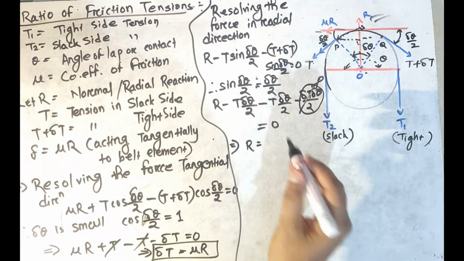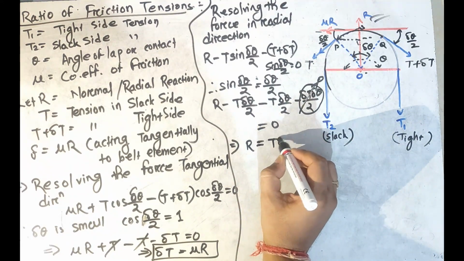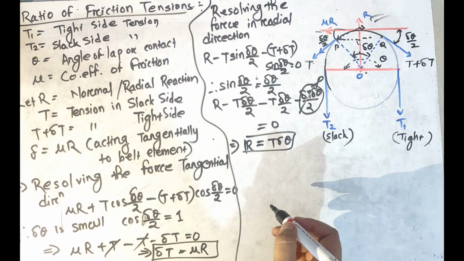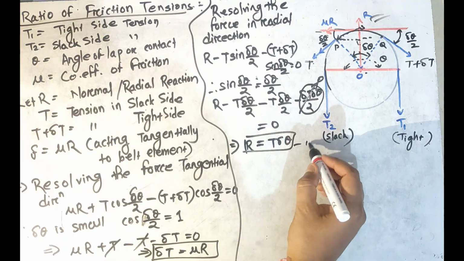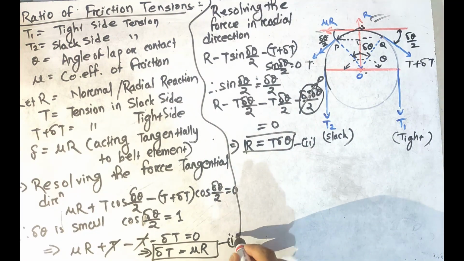So 2 will cancel out, and R will be equal to T del theta. Okay, so two equations that we have found. This is equation number 2. This is equation number 1.